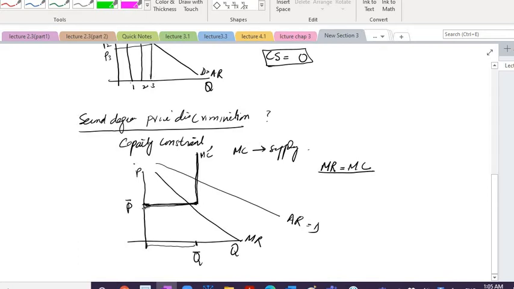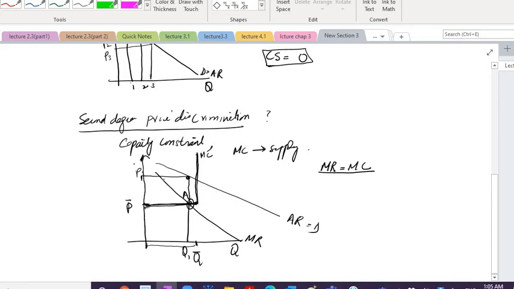This is my MR and this is my MC. So this is the point, let's call it point A, where MR equals MC, and this much quantity Q1 is being produced at this level. And what price is charged? This is the price which is charged. Prices are charged according to AR. So let's call it P1.